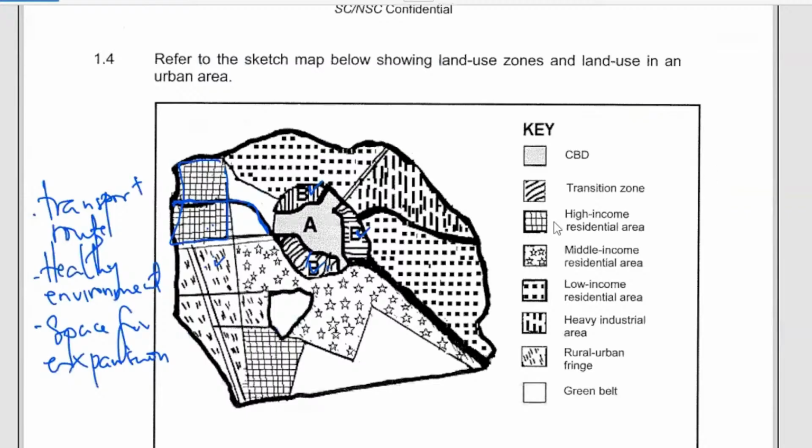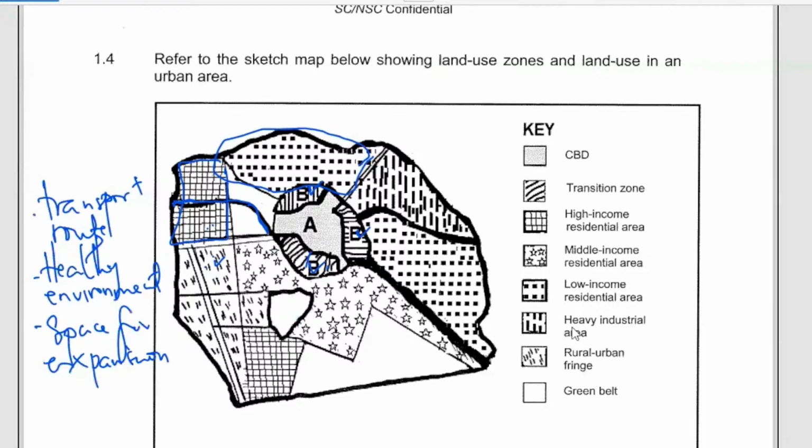If we check our low income area, it is here. So we are saying this area is an area of low income. The question is asking why it is an advantage and why it is a disadvantage.